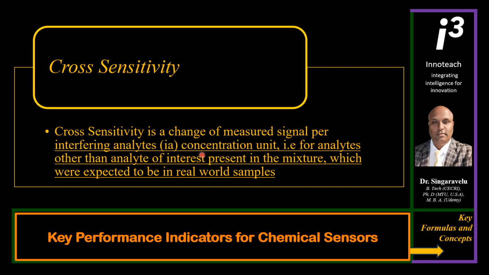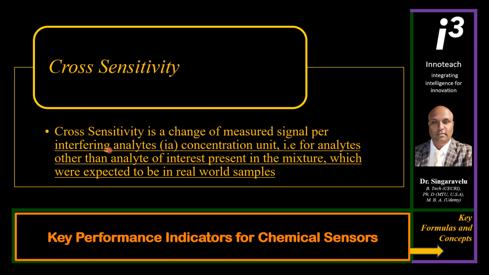So we expect no resulting signal from other analytes that were not of our interest. Here I call them interfering analytes, IA. So it doesn't produce any signal, or even if it produces, then the slope of the calibration curve would be much smaller or totally different from the previous one.